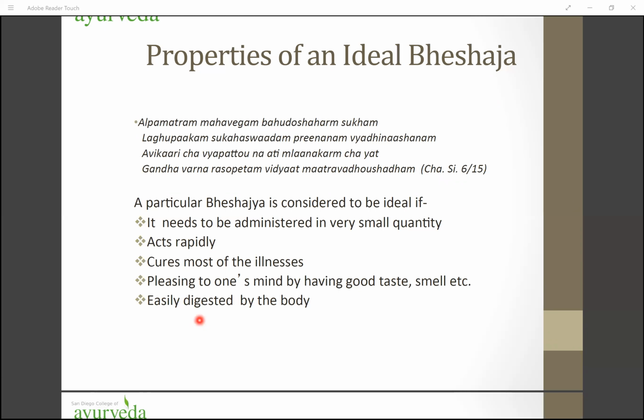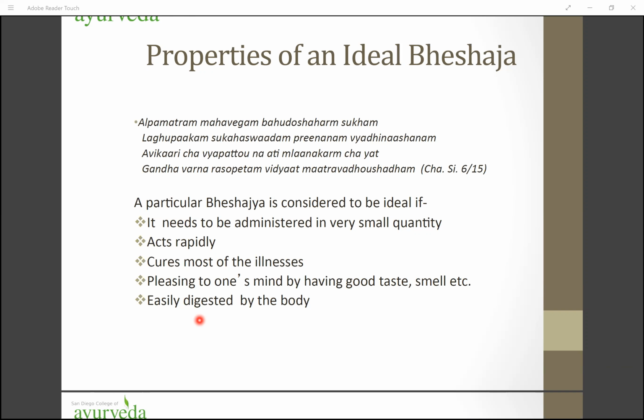But then we have these medicines in Rasa Shastra which have a little bit of mercury and metals in them, like gold, silver, copper and all that, added to these medicines. Those medicines will start working the minute you consume them, because they are absorbed by the body even more quickly than herbs that have to be digested.